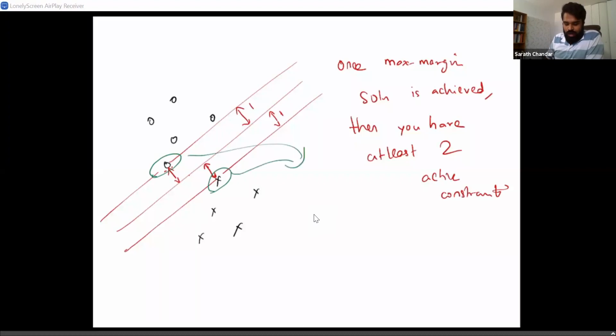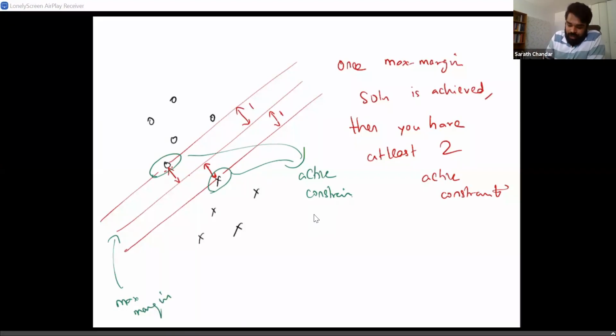The moment you have 1 active constraint from each class, you have found the max margin solution. But remember, this is just at least.